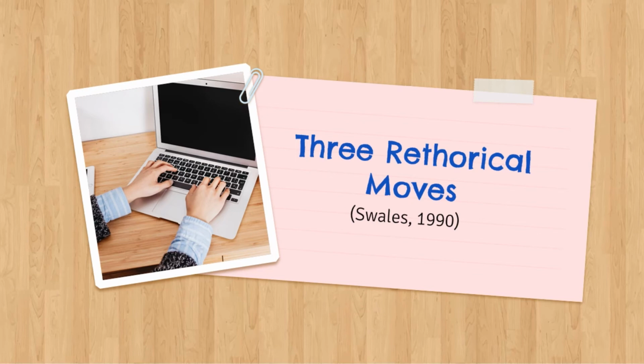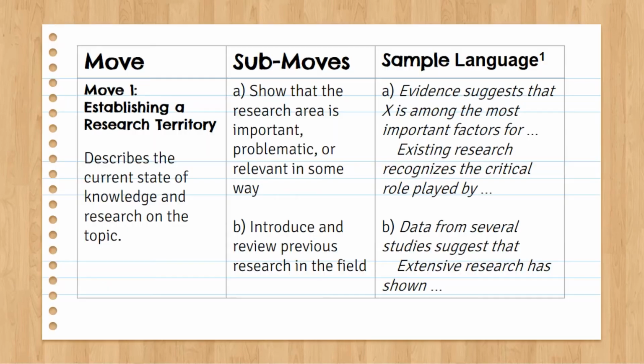It was introduced by Swales 1990 in his course or Create a Research Space. The table below details the 3 moves. The first move is establishing a research territory, which describes the current state of knowledge and research on the topic. It has sub-moves with a sample language that you can use, the first column and the third one.